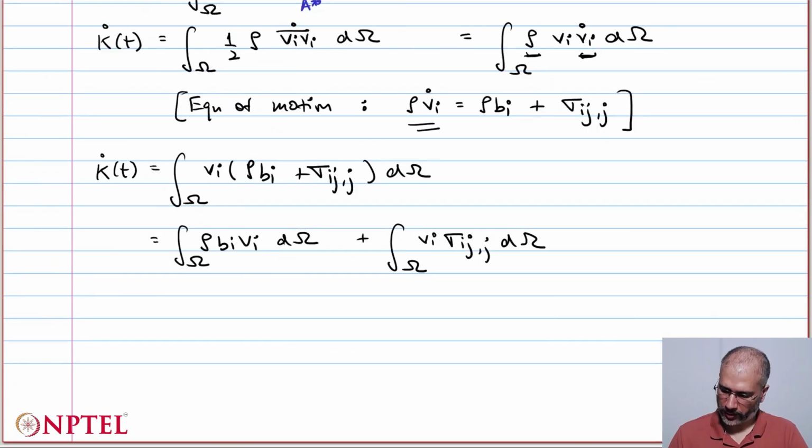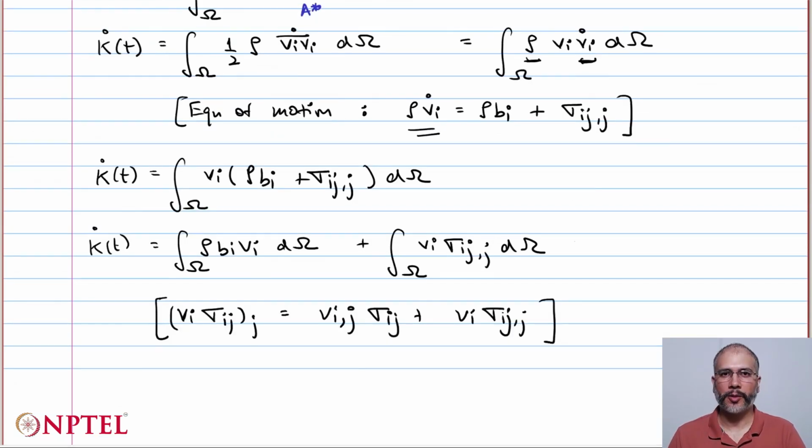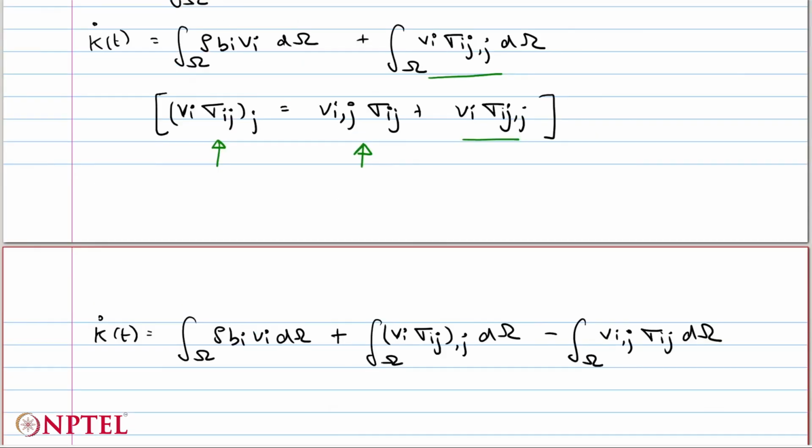to get this expression. Now using this relation which expresses vi sigma ij comma j, that is here, in terms of these two quantities, we can express k dot like this.